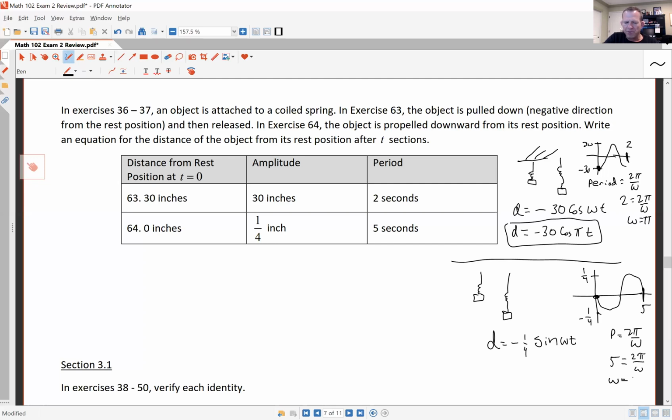So omega is 2 pi over 5. So this equation is negative 1/4 sine of 2 pi over 5 t. This concludes the video for section 2.4 part 4 review.